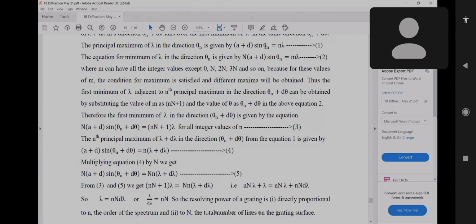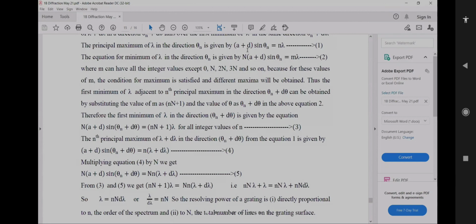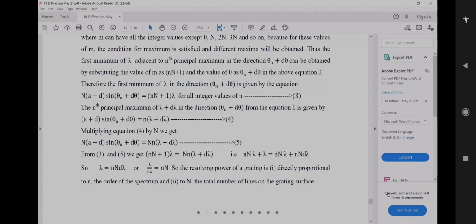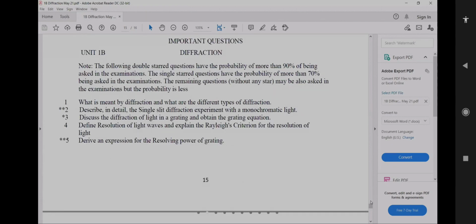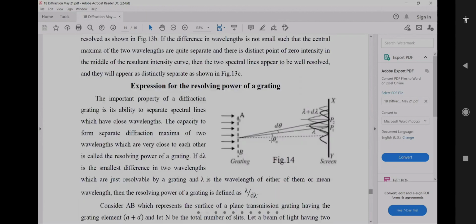So here, when we take resolving power, we take these two equations. See this diagram: theta n plus d theta, lambda plus d lambda.